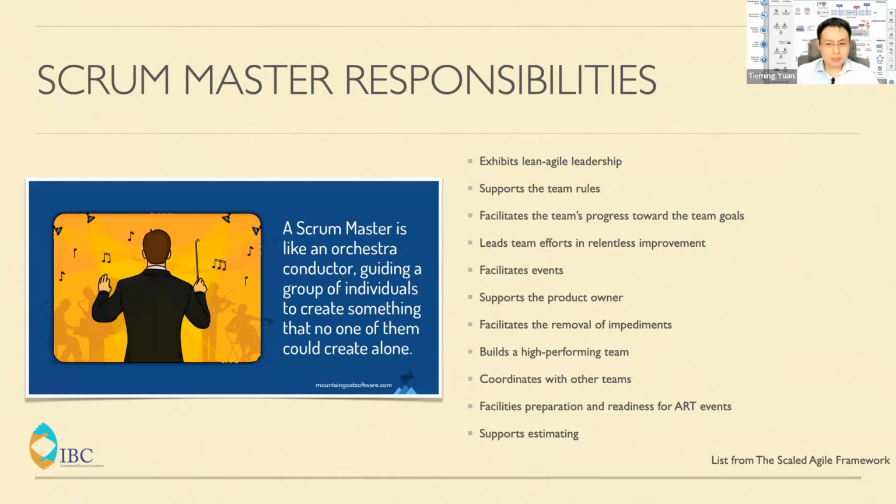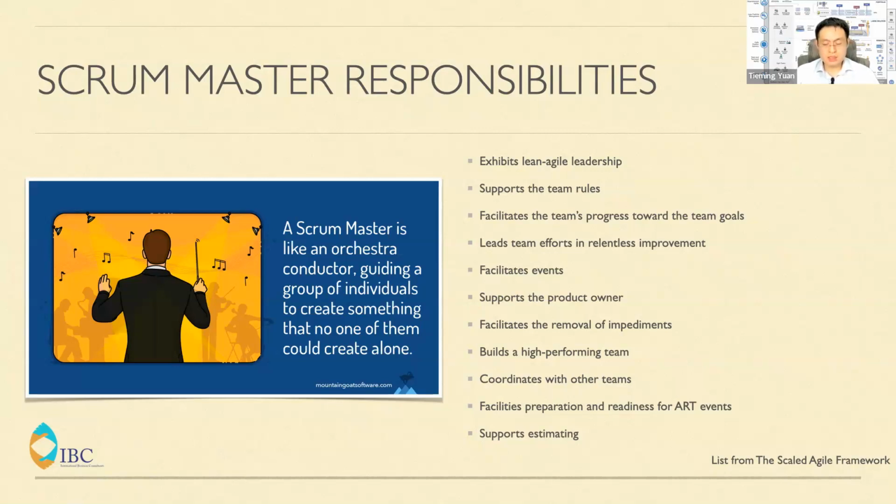And supports the product owner. When the product owner creates user stories, the Scrum Master will help to refine the user stories to make sure that the development team and the product owner understand the user story from the same perspective. Sometimes when we interpret words, for example, the Scrum picture that I showed you, you do a different interpretation.